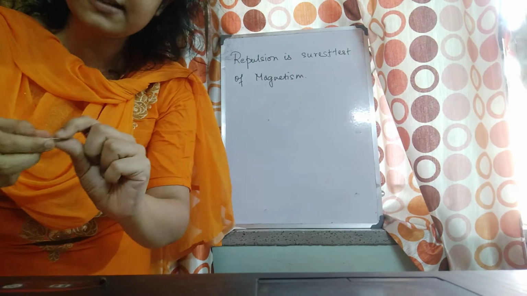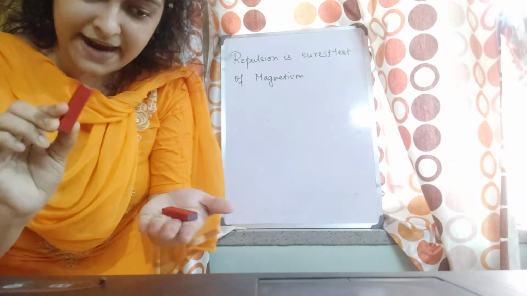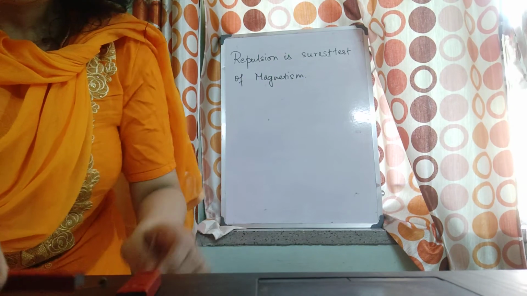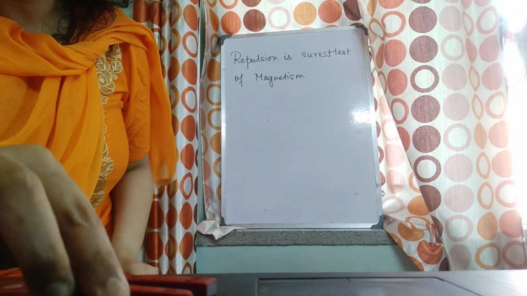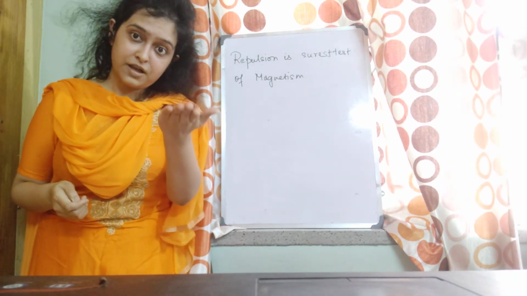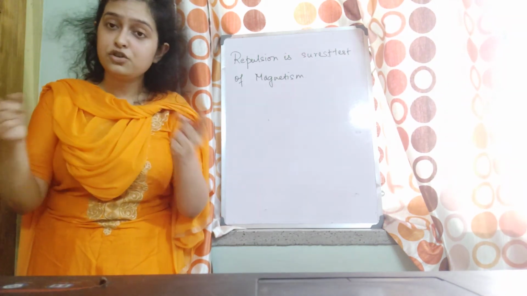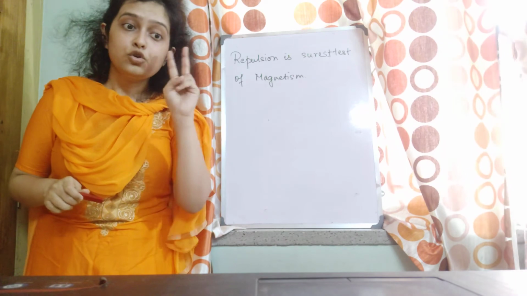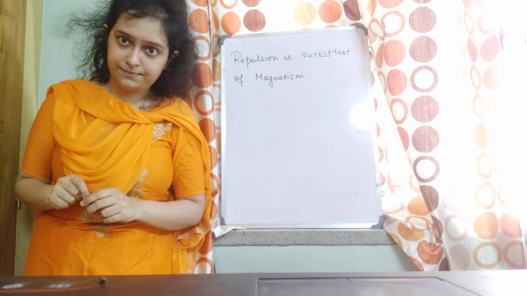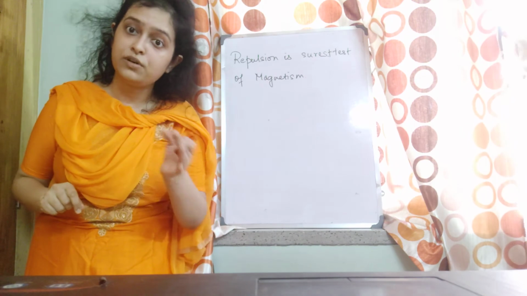But if on bringing the known piece of magnet towards it, I find that it's getting repulsed, see, it's moving away, then we can say that the piece in my hand is a magnet. Otherwise, it would not have shown repulsion. Only two similar poles of magnets can show repulsion. A magnetic substance and a magnet cannot show repulsion. They can only show attraction.